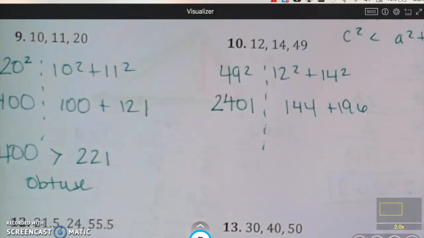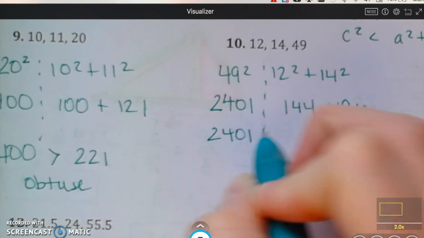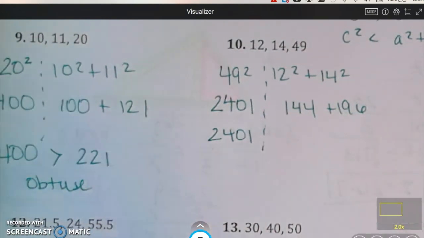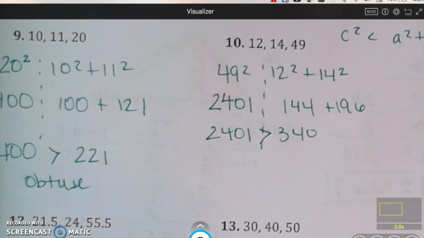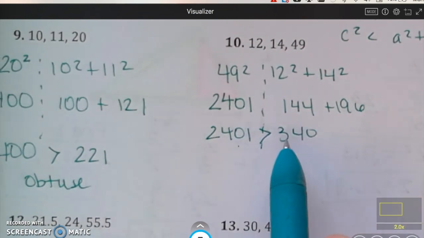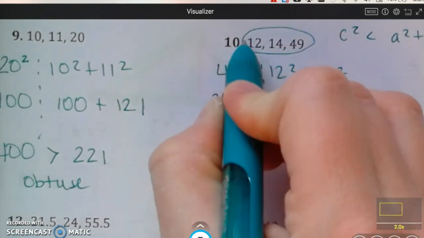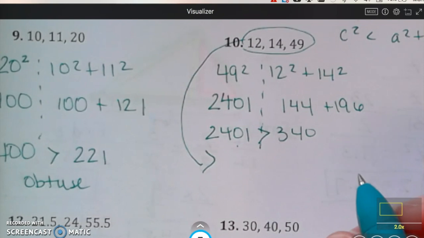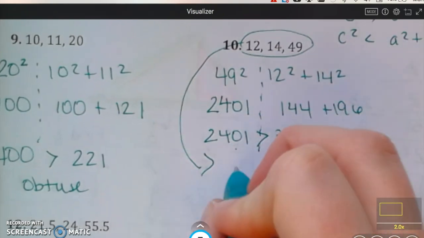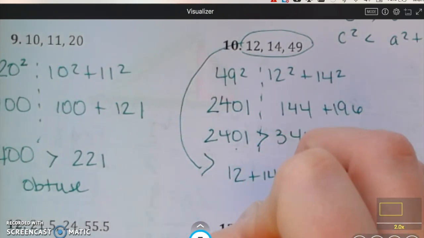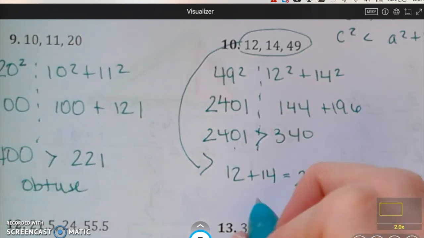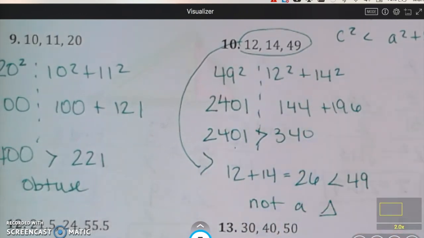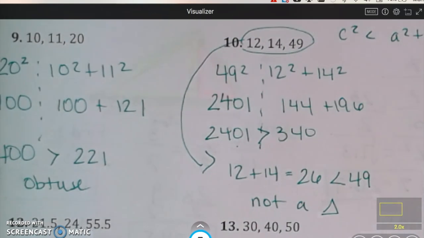I'm noticing when I combine these, this is very, very large compared to 340. Are these even the lengths of a triangle? All right, well, I should have checked this in the beginning. 12 plus 14 equals 26, which is smaller than 49. So this is not a triangle. I should really check that first before we go through. So that was number 10.